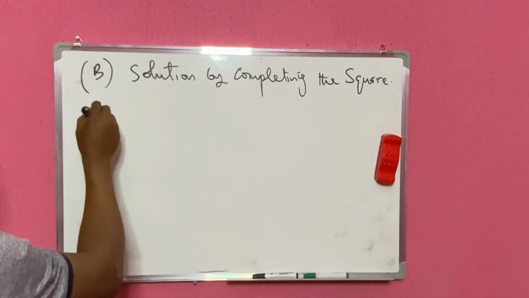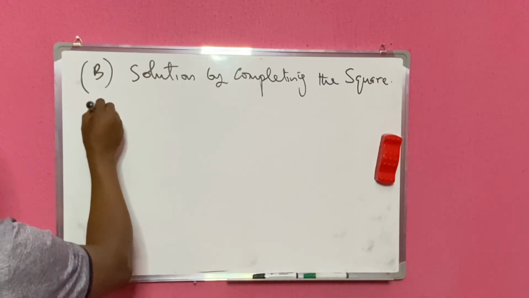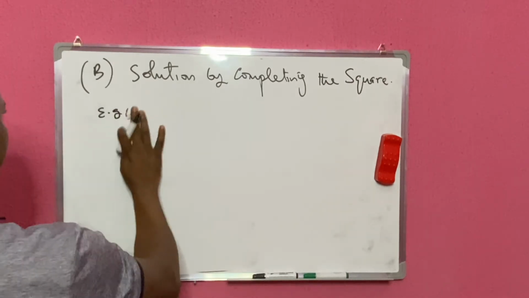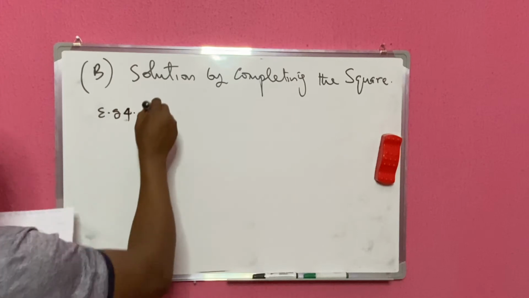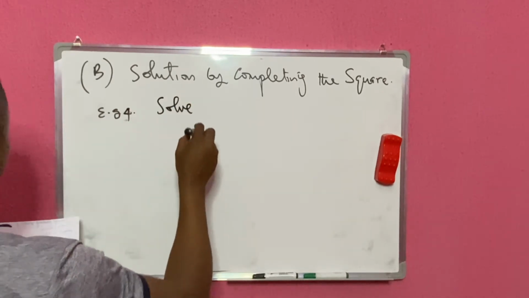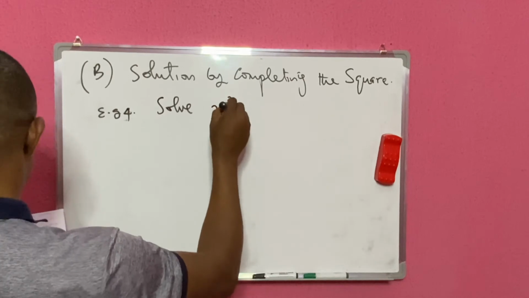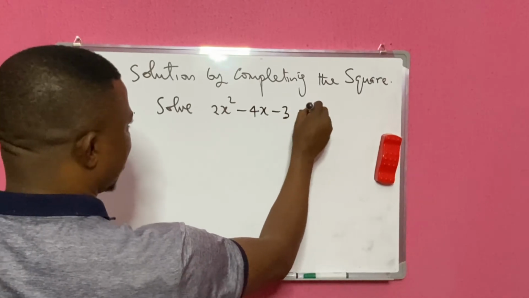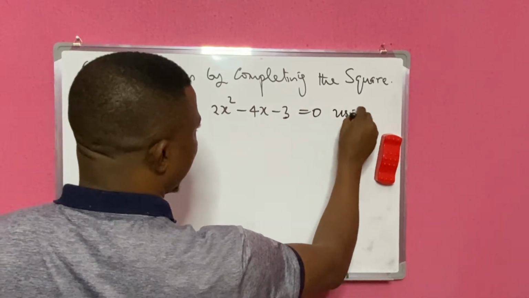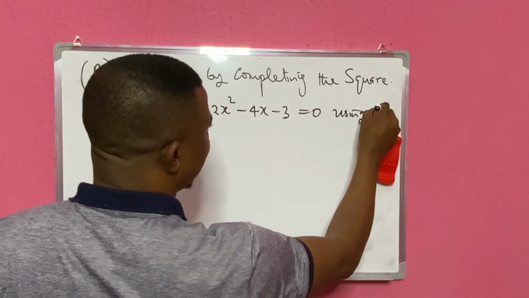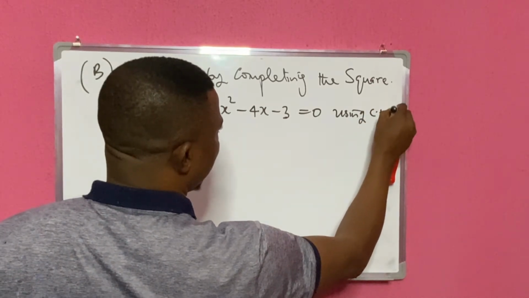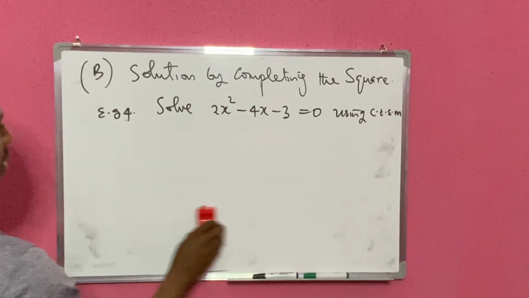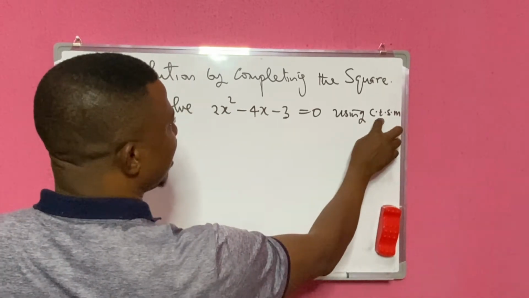Now, example 4. Solve 2x squared minus 4x minus 3 equals 0 using the completing the square method.